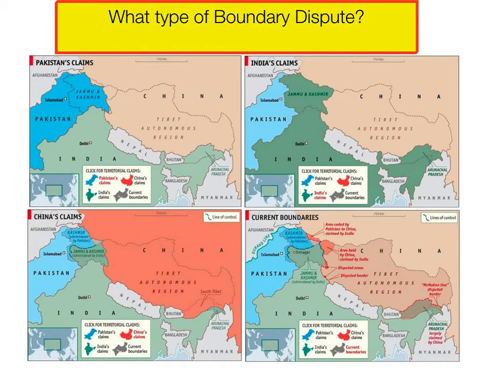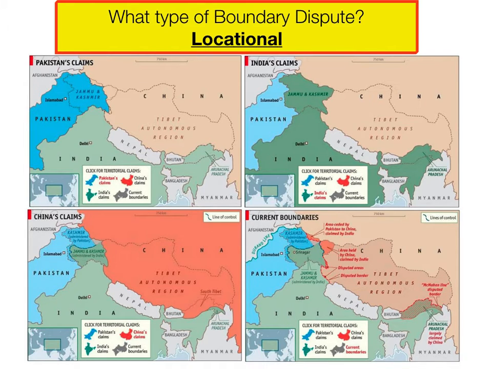So there is not an agreement as to the borders. The boundaries are not clear, and all states have a different say as to what those boundaries are, and the maps that each state produces reflect such. So the question here is, what type of boundary dispute is this? If we look back in our notes, we probably have a good idea. See if you can make a guess.